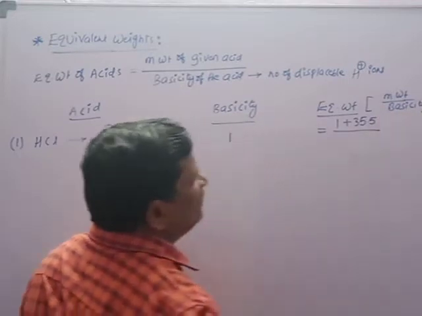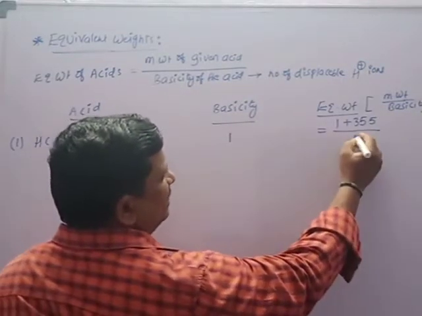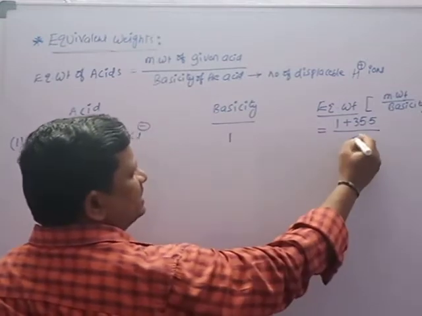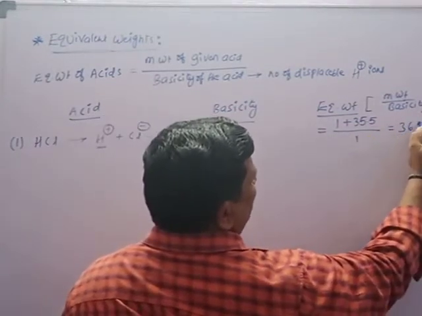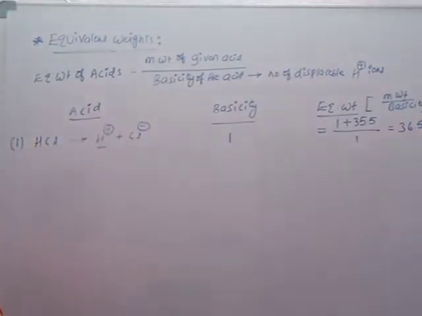Basicity is 1, so equal to 36.5. HCl molecular weight is 36.5, same as the equivalent weight, 36.5, because its basicity is 1.